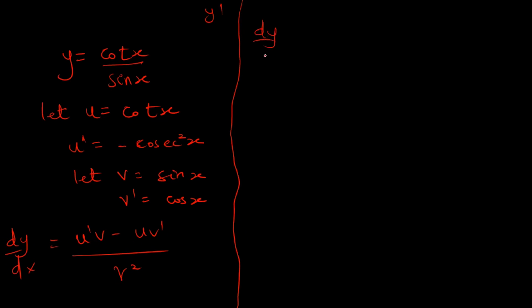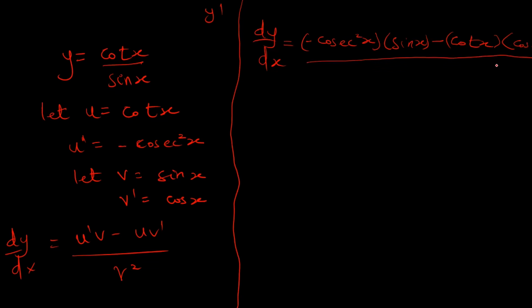So we have dy over dx equals, our u prime is negative cosec squared x multiplied by the v. Our v is sine x, minus our u. Our u is cot x, so cotangent of x multiplied by our v prime, which is cos x, all over v squared, which is sine x all squared.